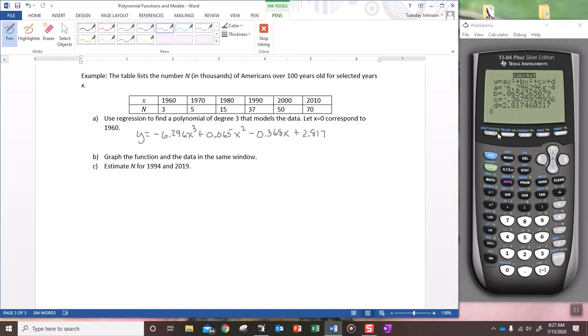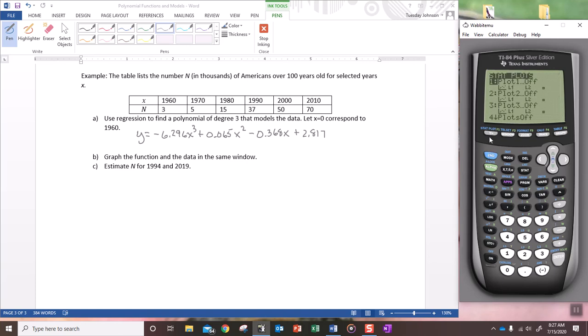Now I can graph. If I go to the graph here, that's going to be a negative 10 to 10 window, so it's going to give my cubic this whole time. But remember, we went all the way up to 50. You could go to zoom, and I'm going to go to zoom stat. That was a horrible selection because I forgot to do something very important.